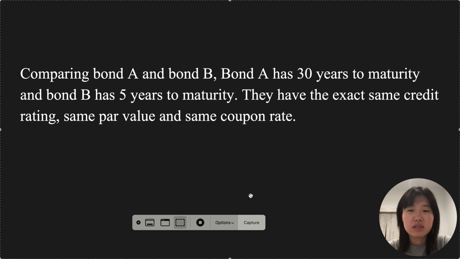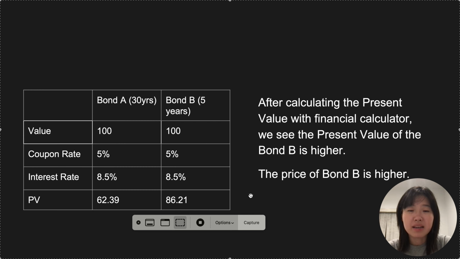Either way, we are going to plug in some numbers to see which bond, at the same par value, has a higher present value. So we plug into an online financial calculator, assuming they have the same coupon rate of 5%, an interest rate of 5.85%, and a future value of $100.